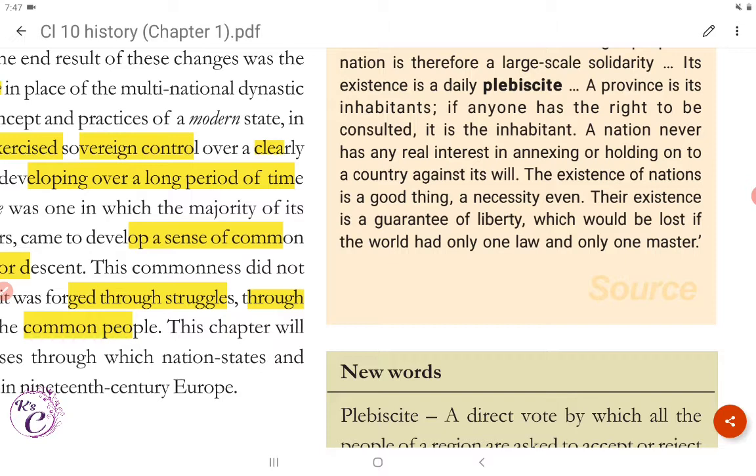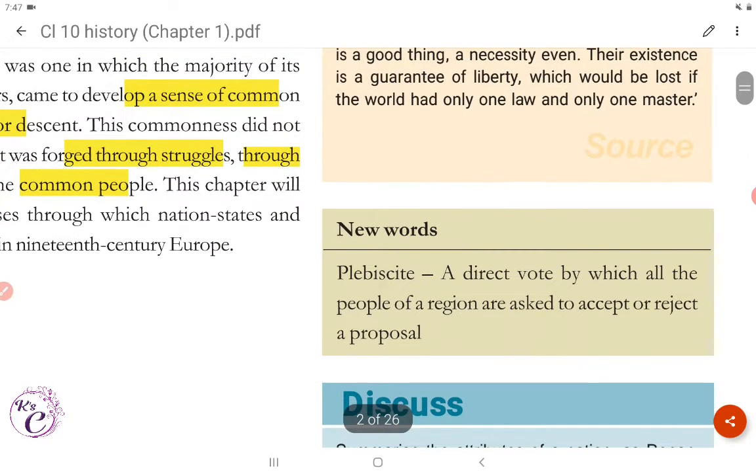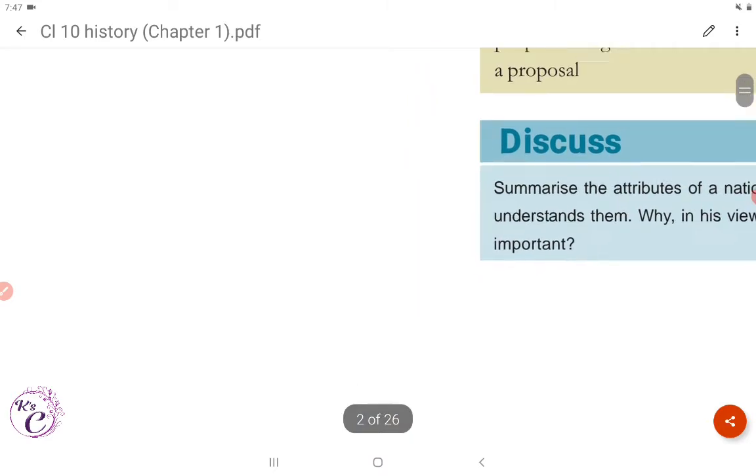Their existence is a guarantee of liberty which would be lost if the world had only one law and only one master. So, what does this plebiscite mean? It's a direct vote by which all the people of a region are asked to accept or reject a proposal.